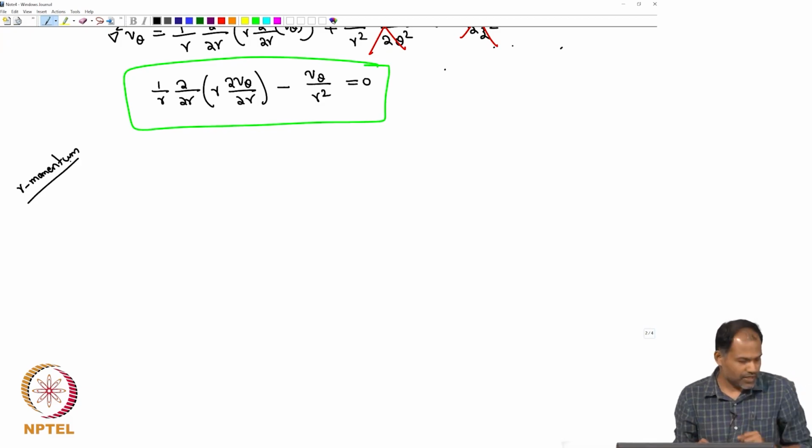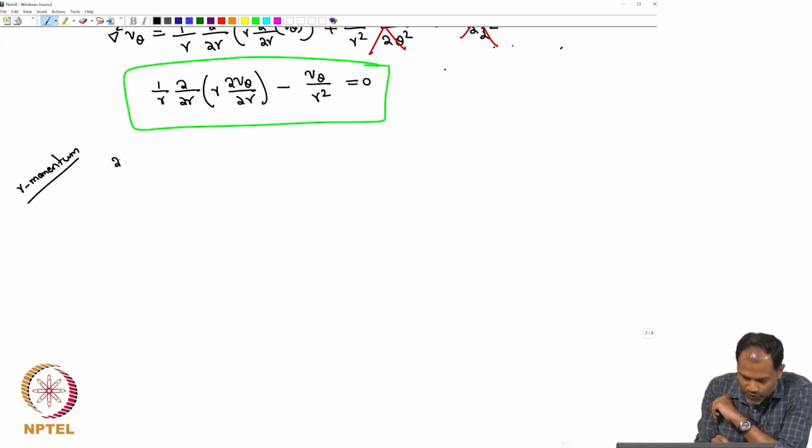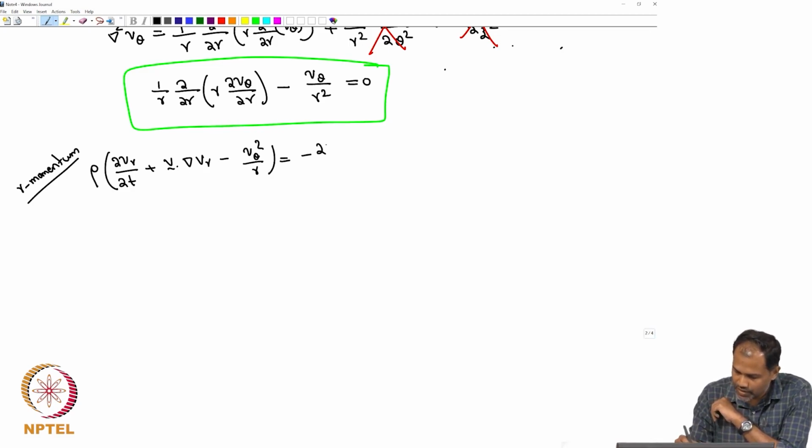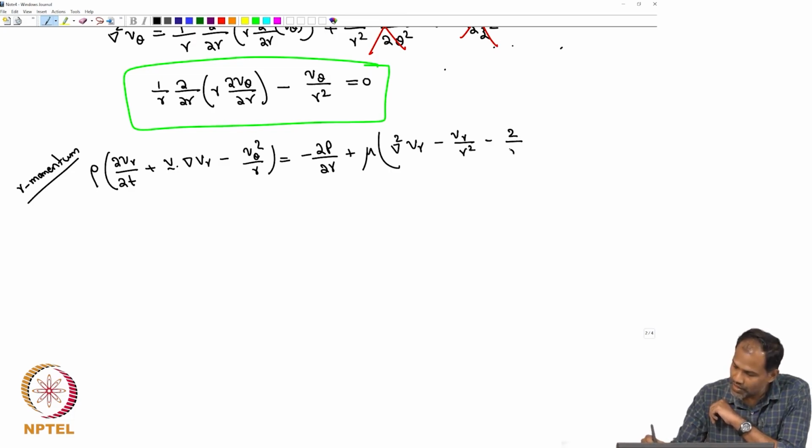Again I look at the equations and write rho times dou v r by dou t plus v dot grad v r minus v theta square by r, equal to minus dou p by dou r plus mu times del square v r minus v r by r square minus 2 by r square dou v theta by dou theta.